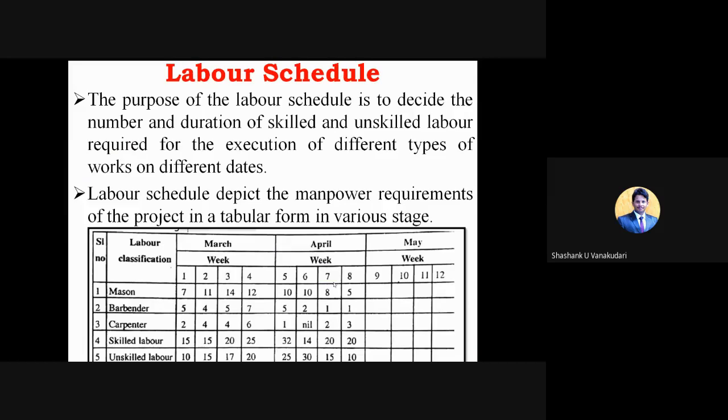Moving on to the next type of scheduling, that is labor scheduling. The main purpose of the labor schedule is to decide the number and durations of skilled and unskilled laborers required for the execution of different types of work on different dates. Initially we planned main activities and sub activities, and for those activities we require resources. One part of those resources is labor, right?